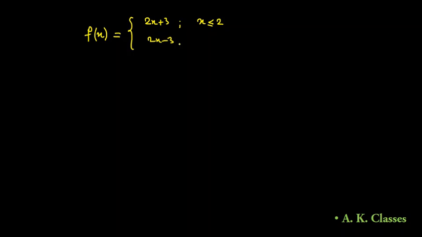Modulus of x divided by x, as I said a while ago, f(x) takes this value when x not equal to 0 and f(x) becomes 0 when x equals 0. Now we have to find the point of discontinuity for this function. How to find?